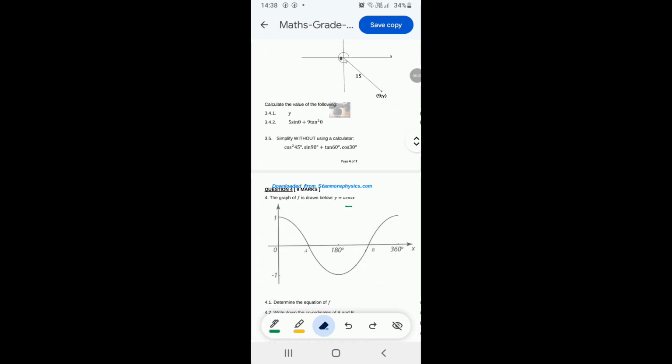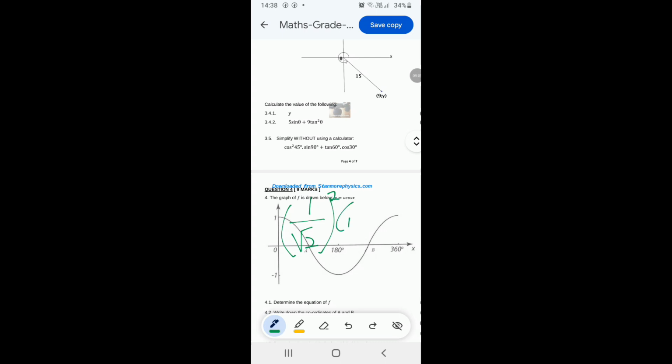3.5. Now, just punch a calculator. I know they say without using a calculator, we'll know what to do. Cos square 45. I know we're supposed to get square root of 2 over 2. We don't write that because they will catch us. So, we write 1 over square root of 2. Square.